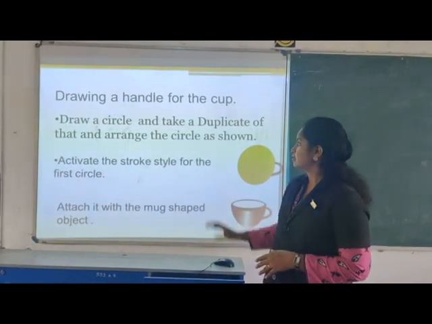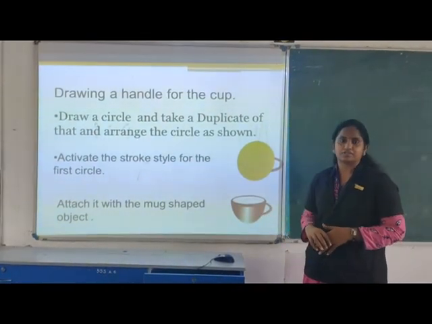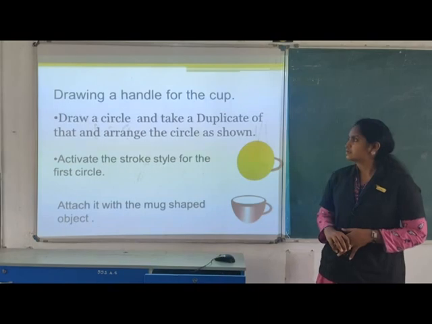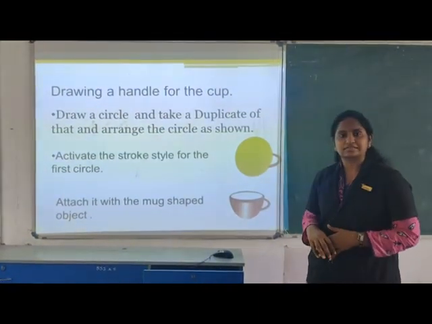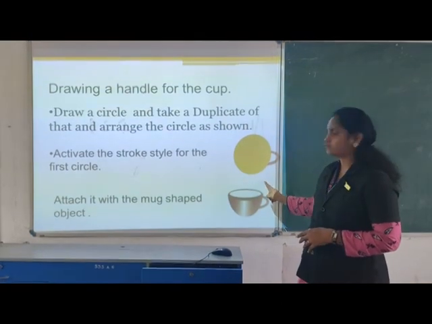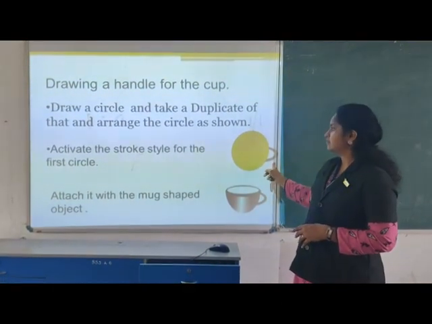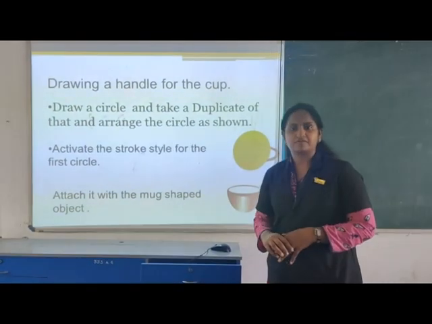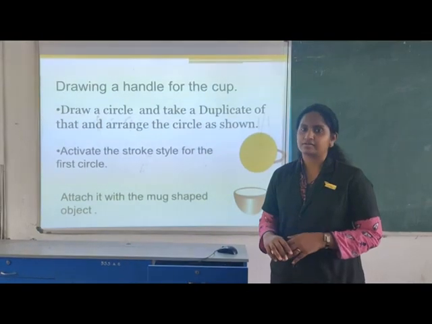And next you have to draw a handle for that mug. Clear? So how to draw that? Again, draw 2 circles and arrange them in the form of a handle, and just activate the stroke style for the first circle and remove the fill.